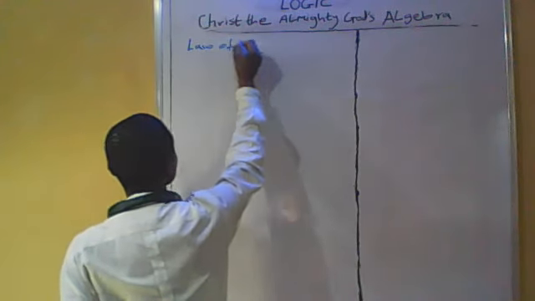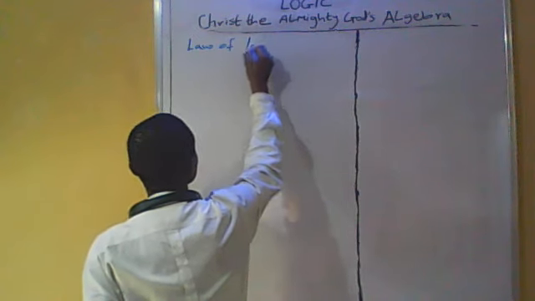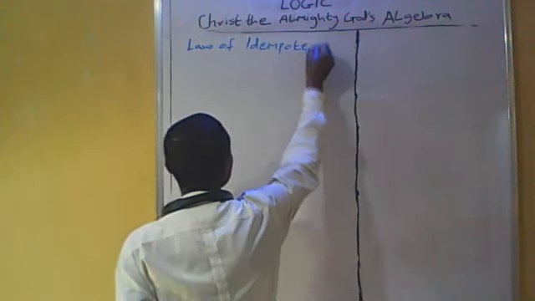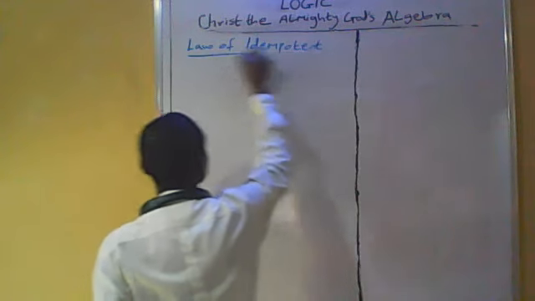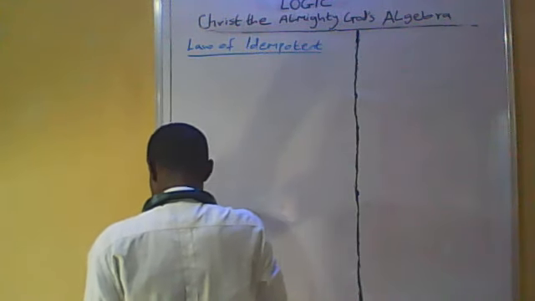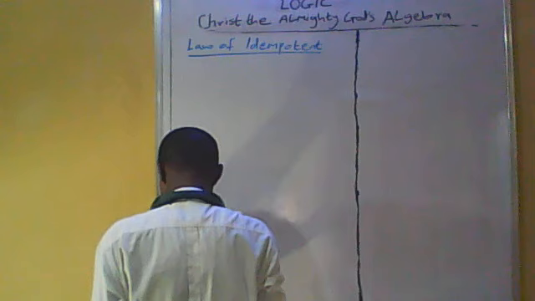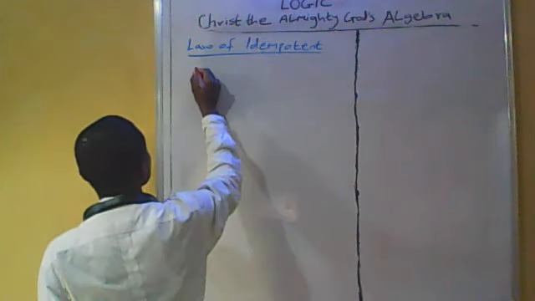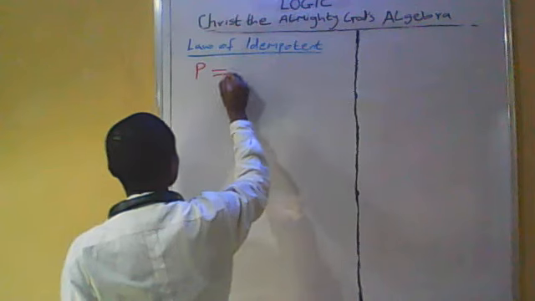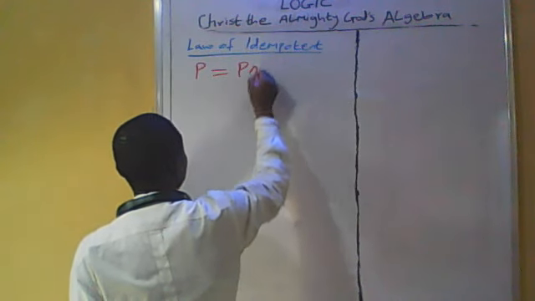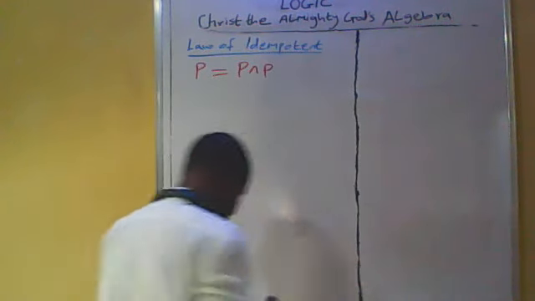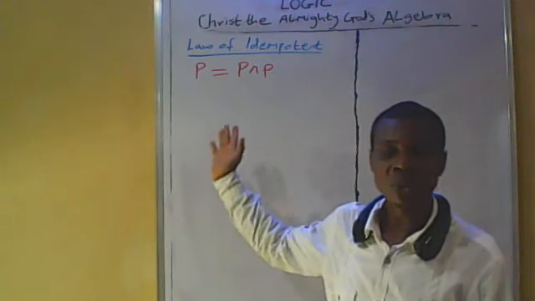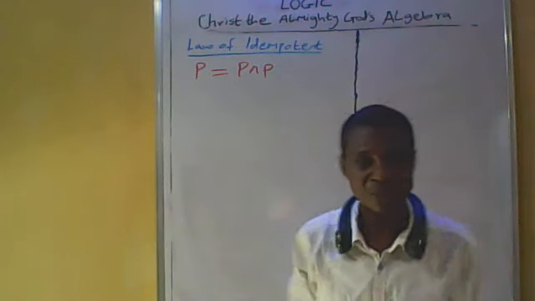Law of Idempotent. P is equal to P and P. This is an example of Law of Idempotent.